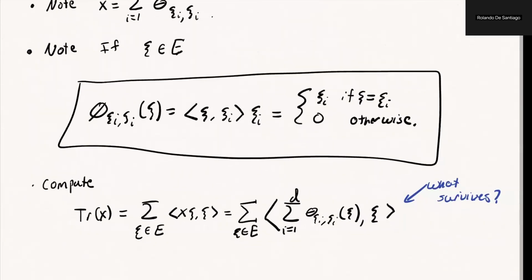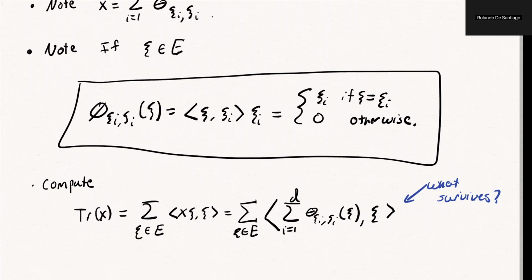So let's try to compute the trace of X. Well, it is the sum of X applied to your basis vector, take the inner product against that same basis vector, take the sum over all basis vectors in E. Okay, now let's just write out what the definition of X is. All right, and now we have this expression here, and using the calculation up above, I'm going to ask the following question. What survives? Basically, what is non-zero?